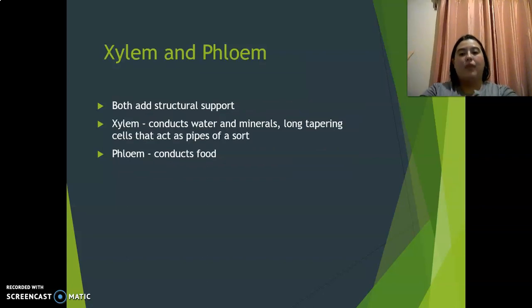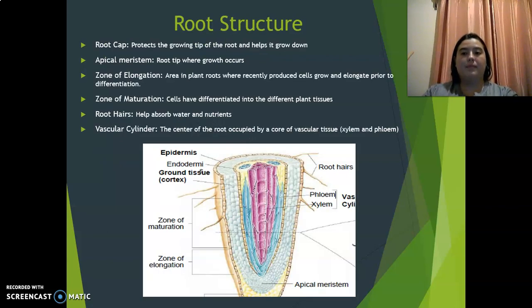And the xylem and phloem can both add structural support, and the xylem conducts water and minerals, long tapering cells that act as pipes of a sort, and the phloem conducts food to the plants, okay? And this is the root structure. So the root cap protects the growing tip of the root and helps it grow down. Apical meristem, the root tip where growth occurs.